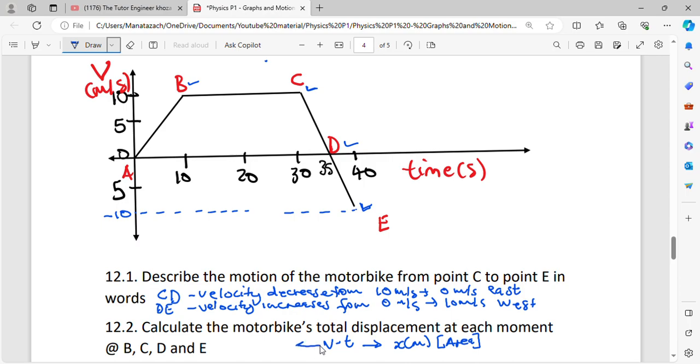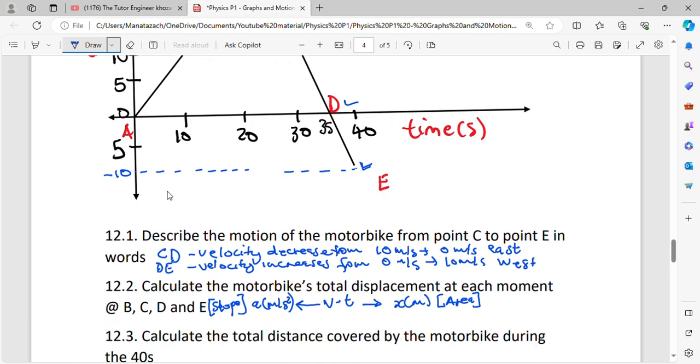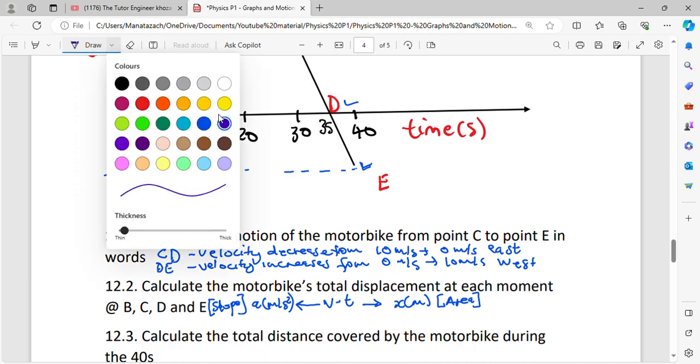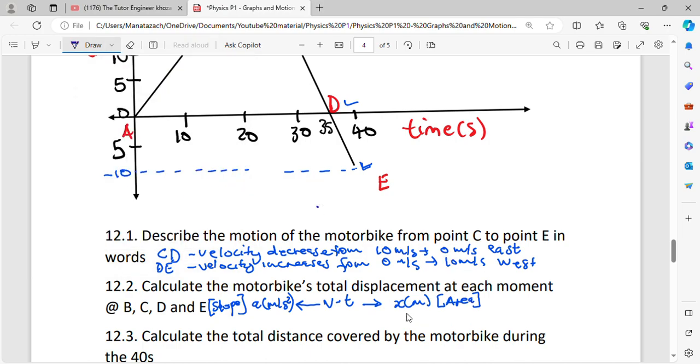So if they ask us to calculate the acceleration, here you need to work out the slope. The slope of the velocity time graph is the acceleration. Now, let's deal with the displacement as the question requires of us. So that means we'll calculate the area.